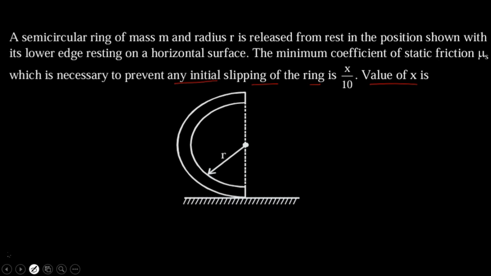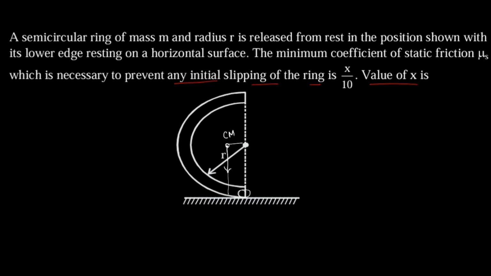So here you see, first of all, suppose there was no friction. What do you think? What would have been the direction of slipping of this point? You see, here the center of mass is somewhere here. We know it will be somewhere inside. If there was no friction, then this center of mass would have moved in a straight line and gone down.